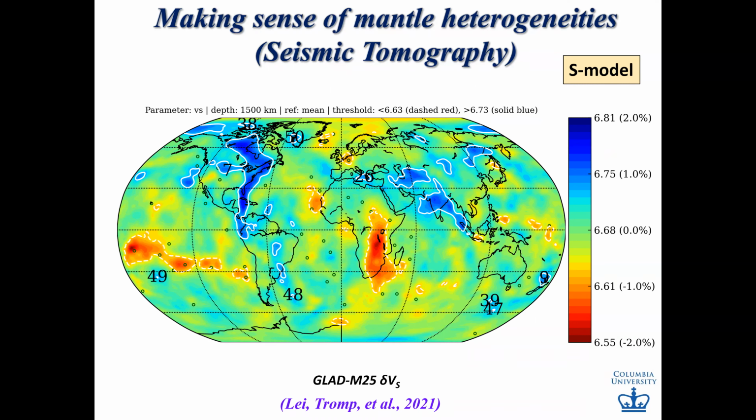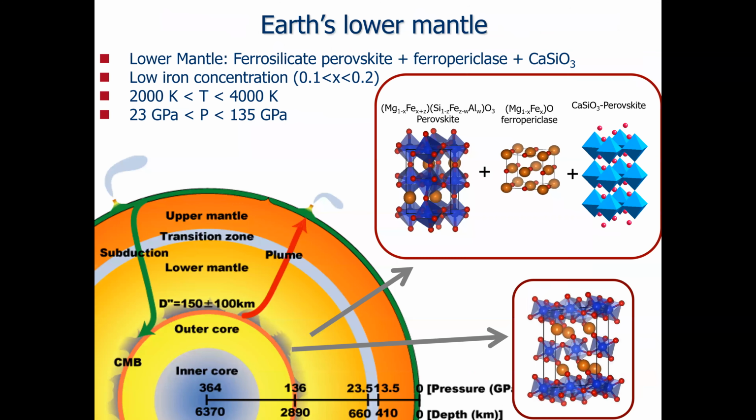Cold regions correlate well with subducting plates, corresponding to cold material subducting, but these regions should also have somewhat different chemical composition. This is what we try to understand. We use this information to understand the chemistry and the temperature of these different regions.